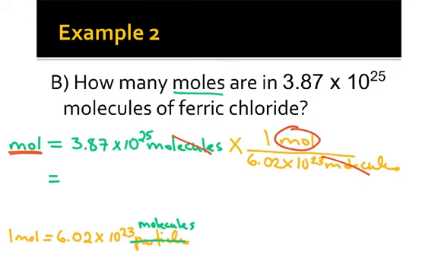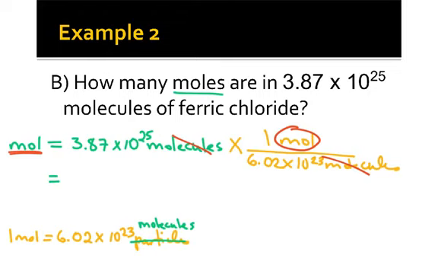We're going to type in 3.87 exponent button 25 divided by 6.02 exponent button 23. So notice at the top it says 3.87 times 10 to the 25 times 1 and then divided by 6.02. Anything times 1 is not going to change the number, so I go straight into the division. So again, 3.87 exponent button 25 divided by 6.02 exponent button 23.